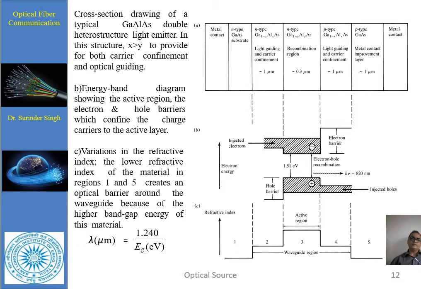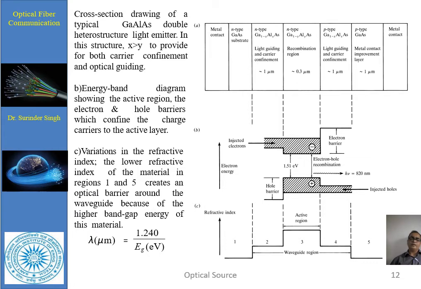The energy band diagram shows the active region, with electrons and holes confined as charge carriers in this region. Injection of electrons and holes takes place so that holes can lie above the hole barrier and electrons above the electron barrier, and the energy gap between them is 1.51 electron volts.